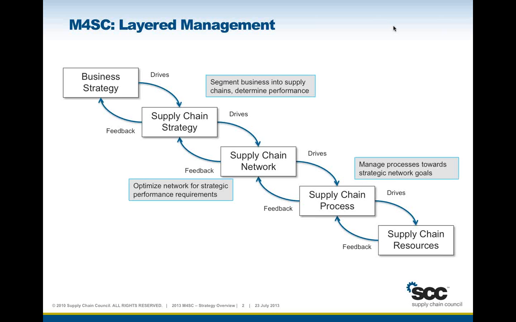Then the third box that we discussed was the supply chain processes, or the M4SC process layer. And basically what we said there is that once you've confirmed that you have the right layout in your network, or that there are some changes that you need to make to the layout, then you can look at what the process looks like.